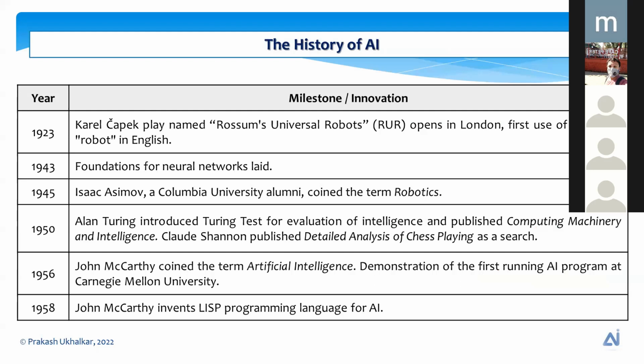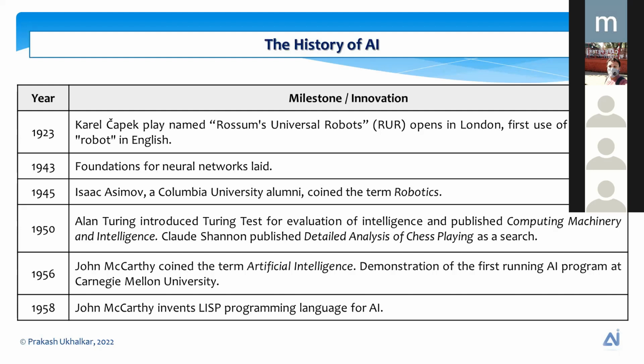Then in 1943, the foundations of neural networks were laid. In 1945, Isaac Asimov coined the term robotics. Then in 1950, Alan Turing introduced the Turing Test for evaluation of intelligence and published Computing Machinery and Intelligence. At that time, everybody thought Alan Turing had some problem. He came up with the Turing test and posed an important question: can machines think?